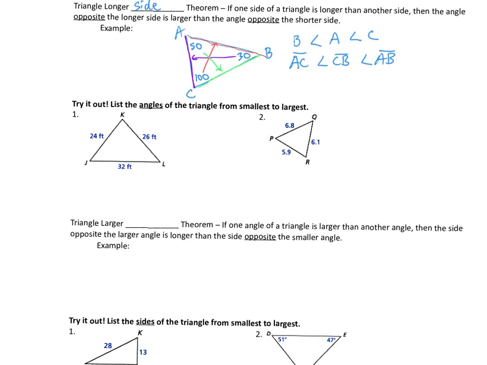Okay, so let's try this out. List the angles from smallest to largest here. The largest side I have is 32. 32 correlates with K, so K is largest.